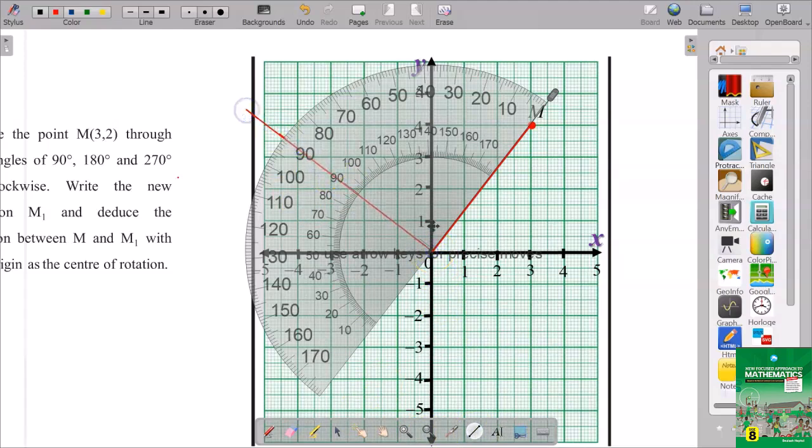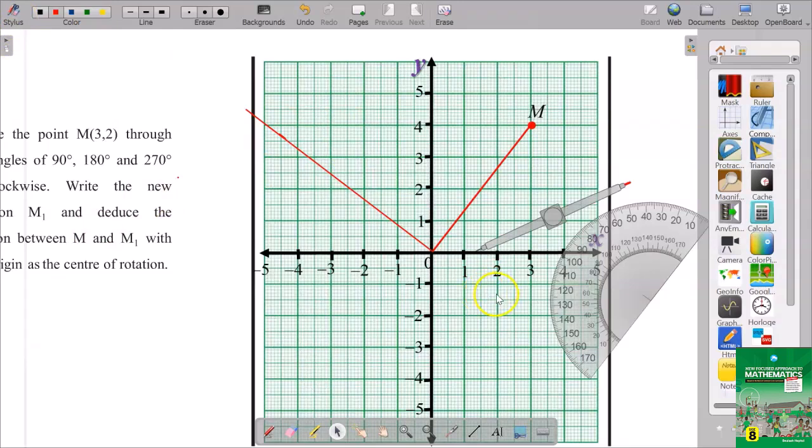Okay. Then when we are done, we'll take our compass or our pair of dividers, put the compass pin at the origin. Now open the compass to the point where our point M is.